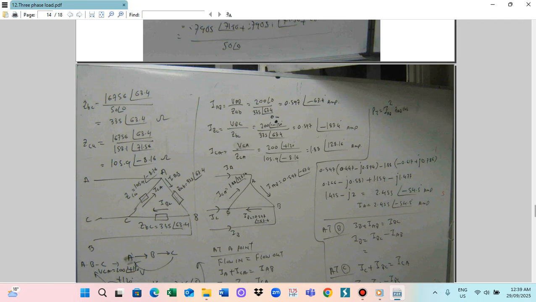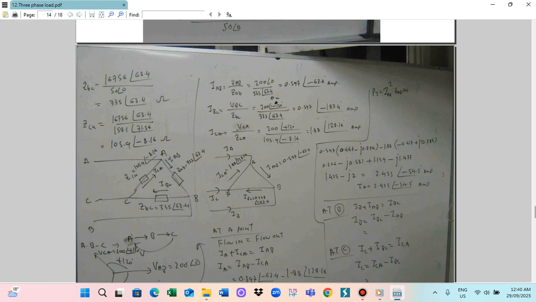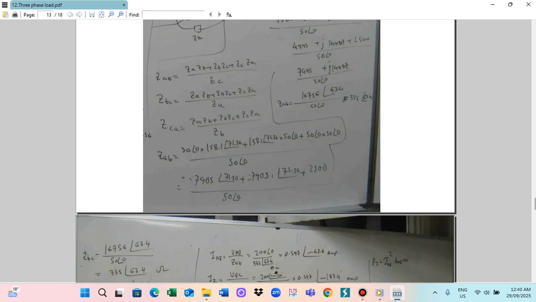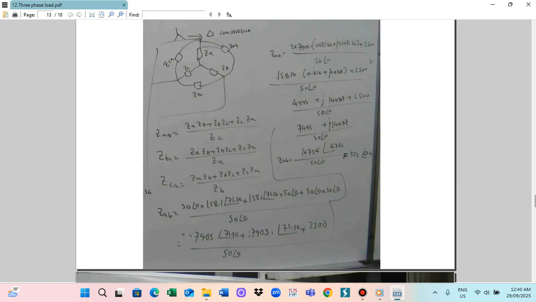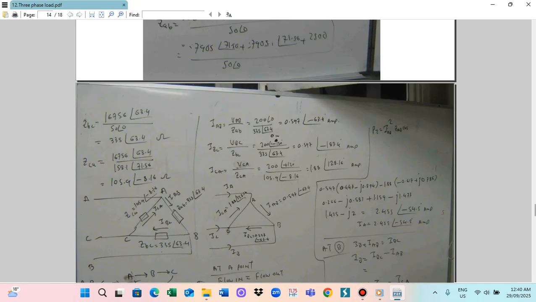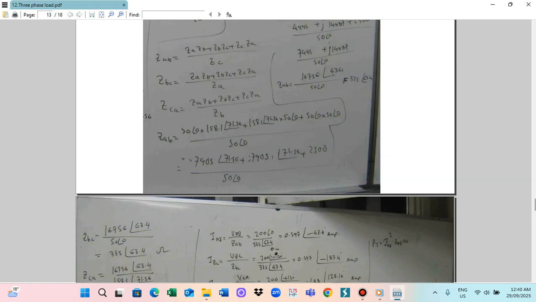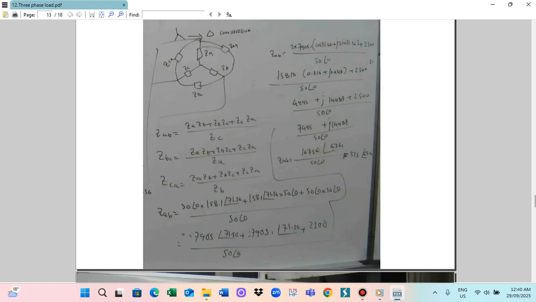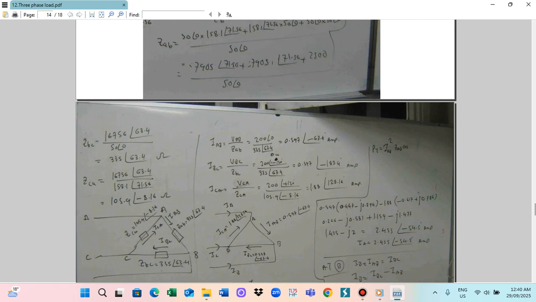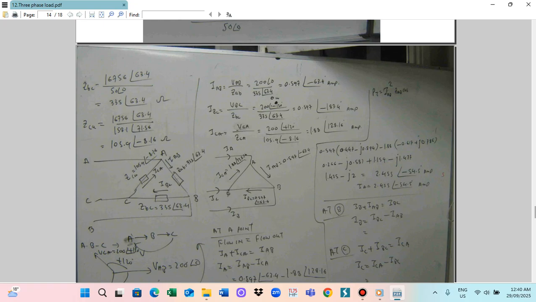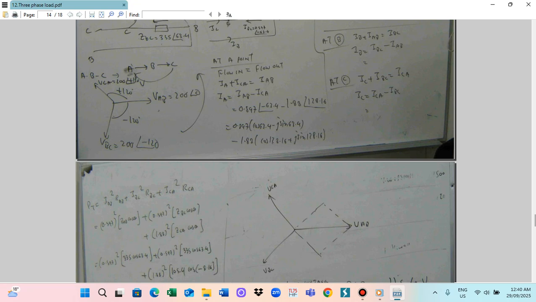So by solving this one you get the numerator. 5000 plus 2500, so this is 7500, plus j 15000, divided by 50 angle 0. Then the magnitude of the numerator is the square root of the real part square plus the imaginary part square.